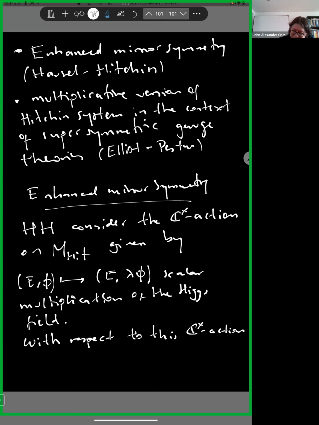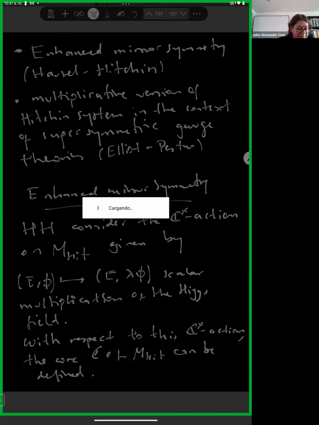With respect to this action, the core, which I call C here, can be defined. In fact, they defined this as the reduced scheme of the nilpotent cone, which is H1 minus 0.